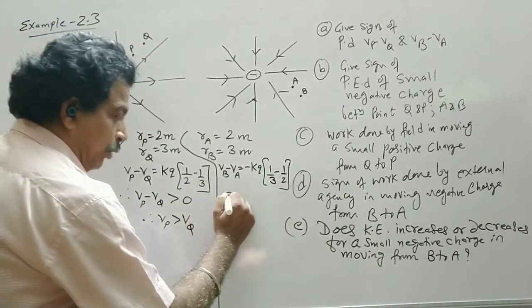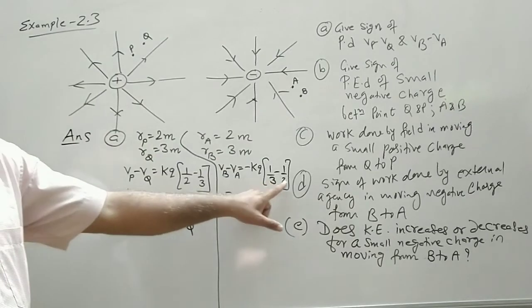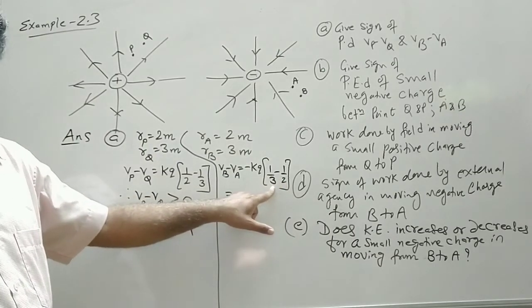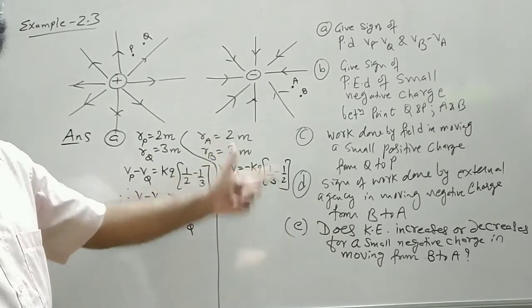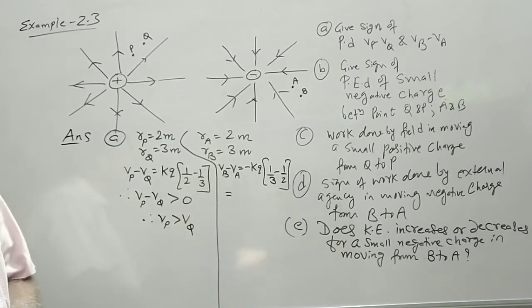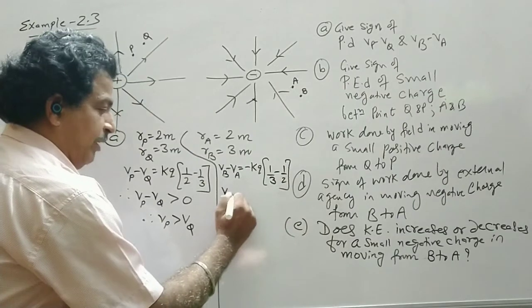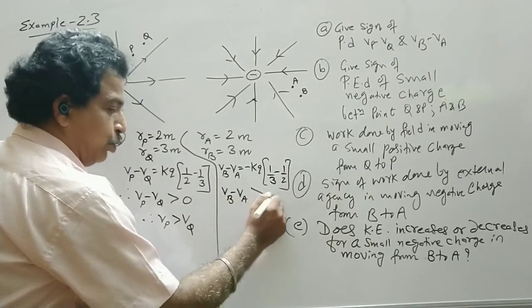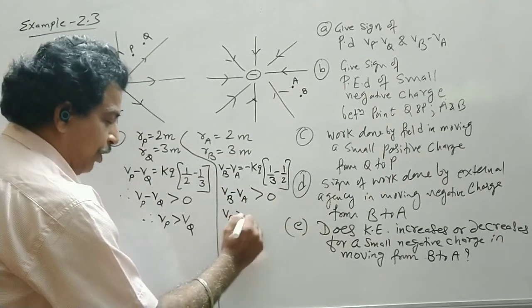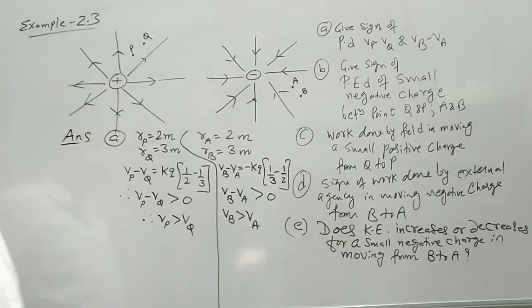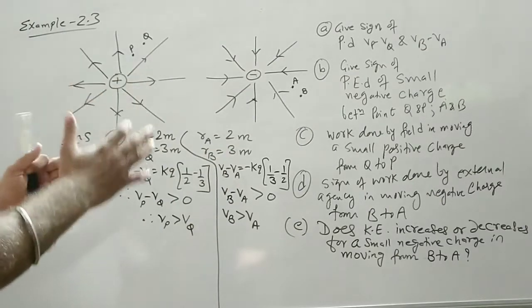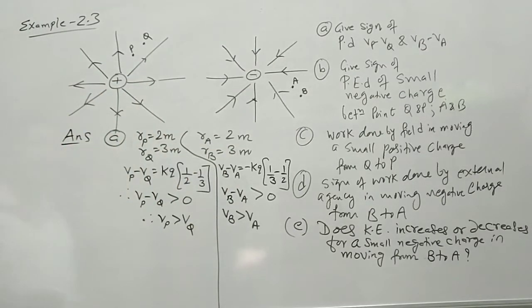Here you see that with this data we will get a negative term, and that negative term will become positive. So if we take these values, VB minus VA comes out to be greater than 0, and therefore VB is greater than VA. So this is the way we find out the sign between A and B.